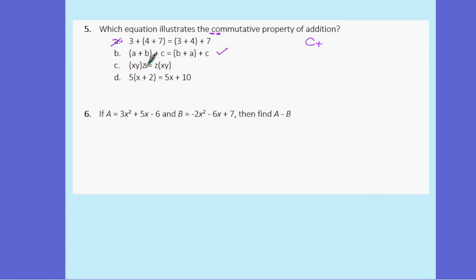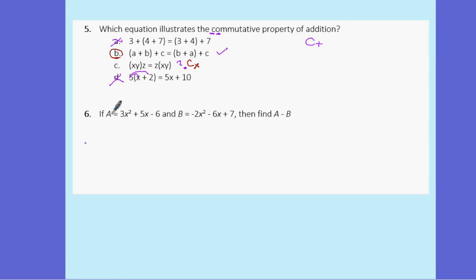X, Y, Z, Z, X, Y. Also sounds like a change in order, so possibly. And then here, I see the distributive property right away. Between B and C, I have to be careful. I am going to use choice B because it's showing it over addition. Choice C is the commutative property of multiplication.